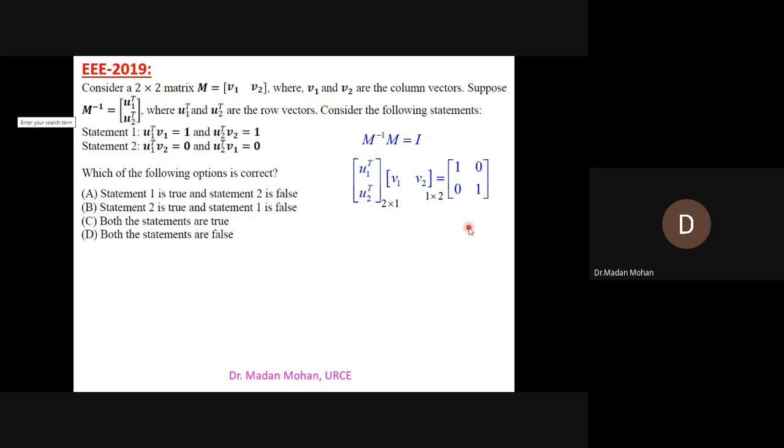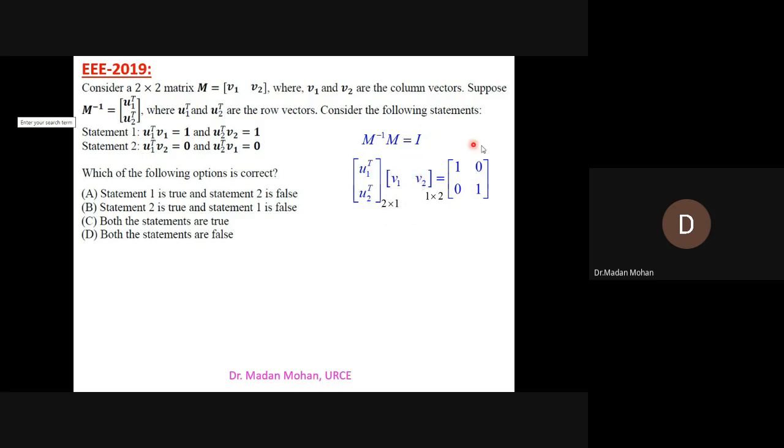Okay. Now observe it. Now the corresponding elements are equal. U1 transpose V1, which is 1. Got it? Next, U1 transpose V2 is 0.